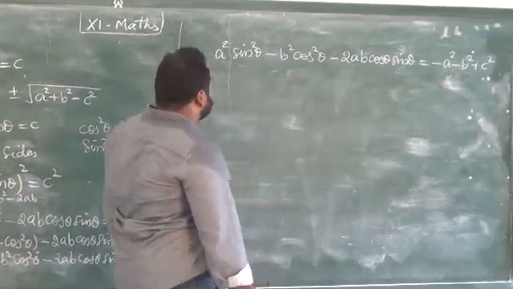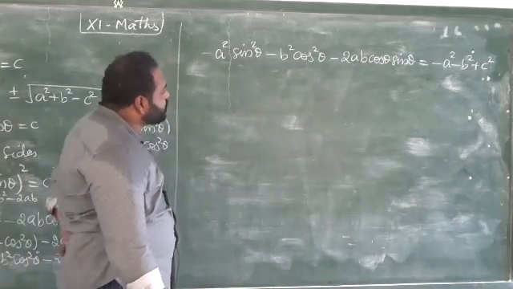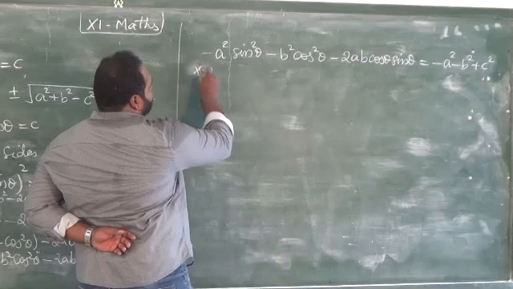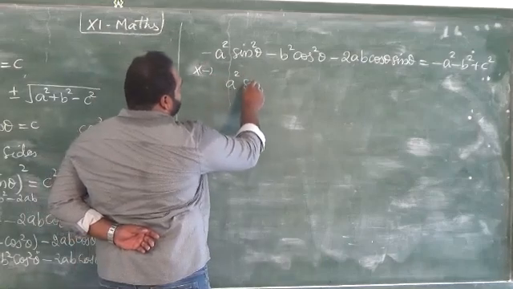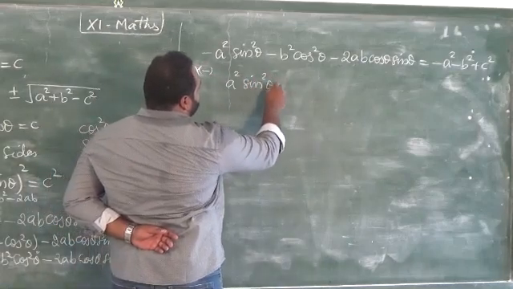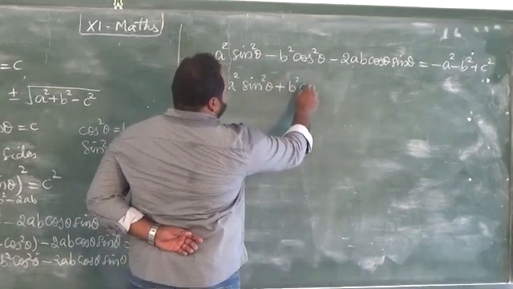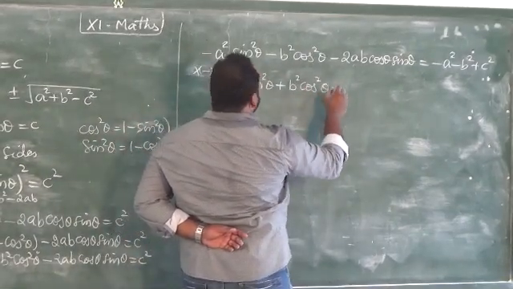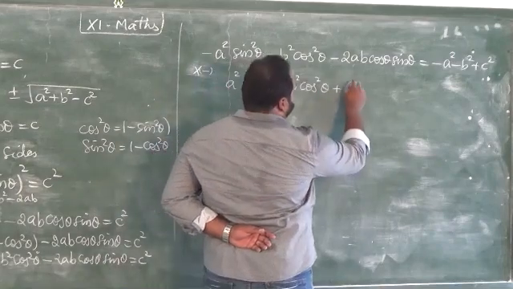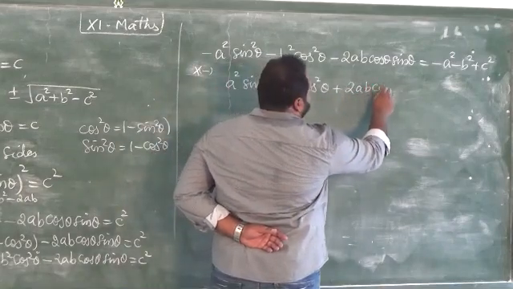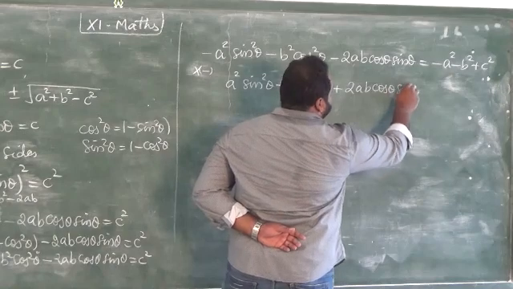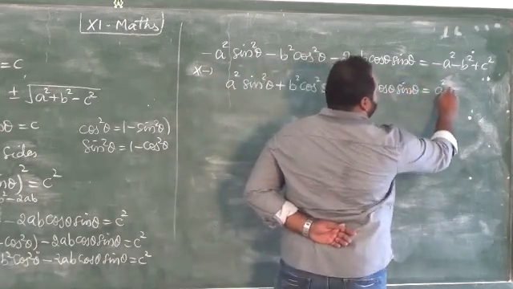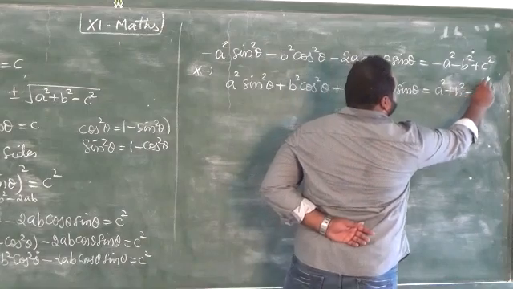Now if I multiply by minus throughout the equation, I will get A square sin square theta plus B square cos square theta plus 2AB cos theta sin theta equals, minus will become plus, A square plus B square minus C square.